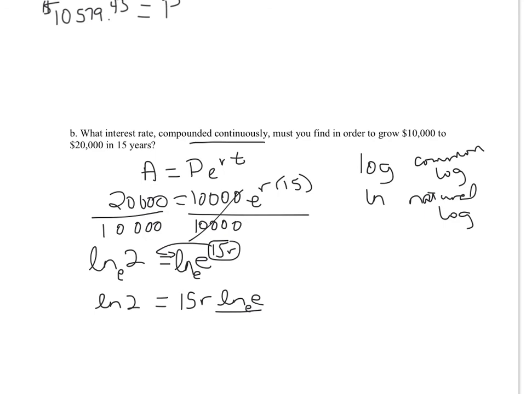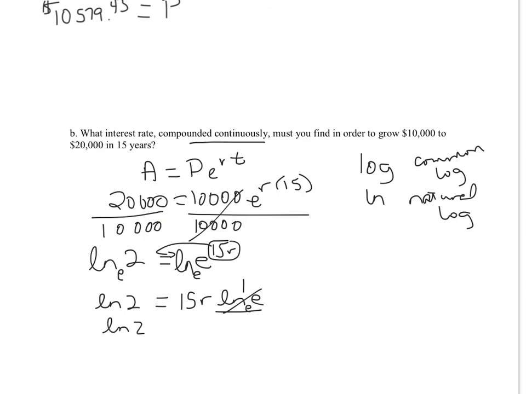Anytime I'm taking the natural log of e, if what follows natural log is e, it simplifies to be 1, because the exponent you would put on e in order to get back e is an exponent of 1. And 1 times anything will give you whatever 1 was being multiplied by.